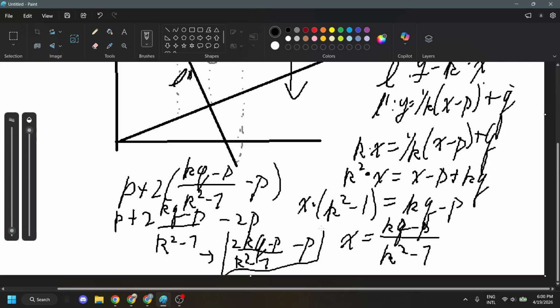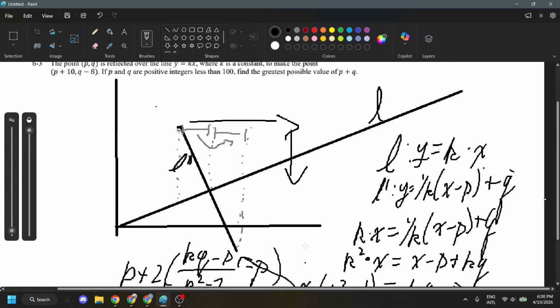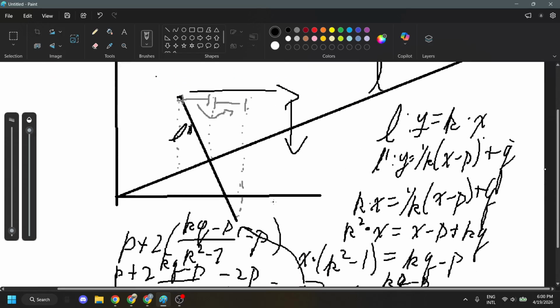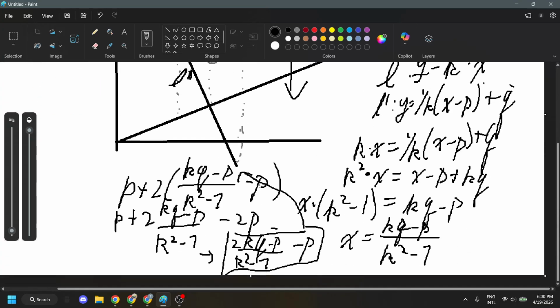This is our x-coordinate of this. What do we know this is equal to? We know that this is equal to p plus 10. So we know p plus 10 is equal to 2 times kq minus p over k squared minus 1 minus p.